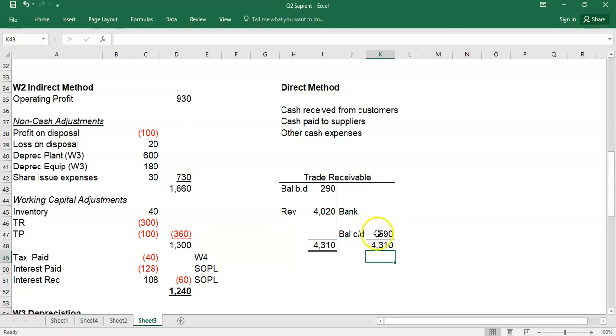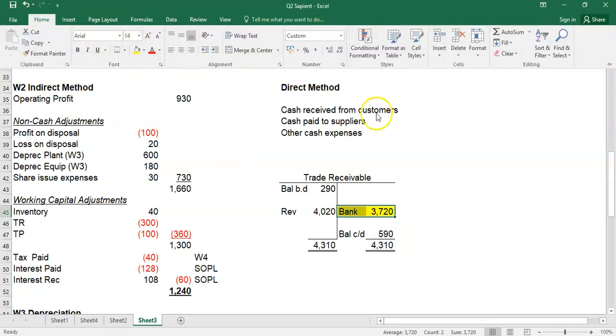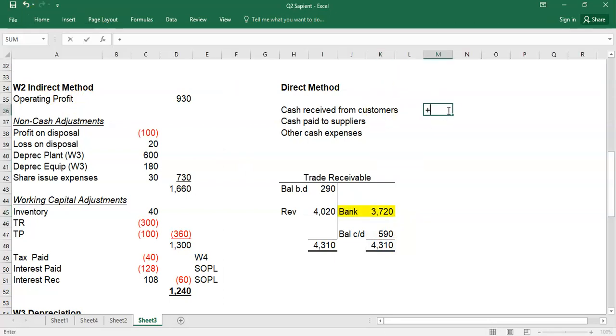We're actually only owed 590. So the amount of money received from customers, debit bank, credit trade receivables, is 3.7 million. And that's your first answer you're putting in, 3.7. So it's just a different way of using the same figures to get to the same answer. It's probably less intuitive. That's why most students will use the indirect method if they can.